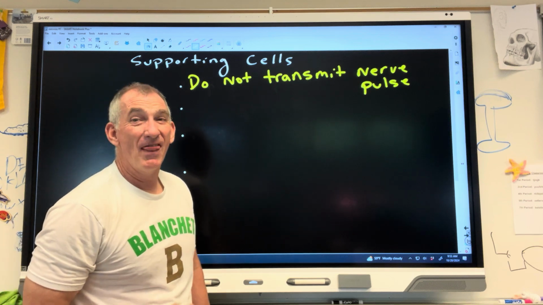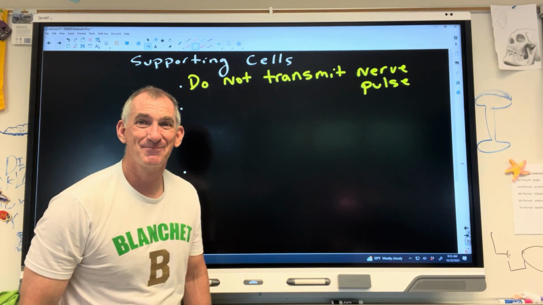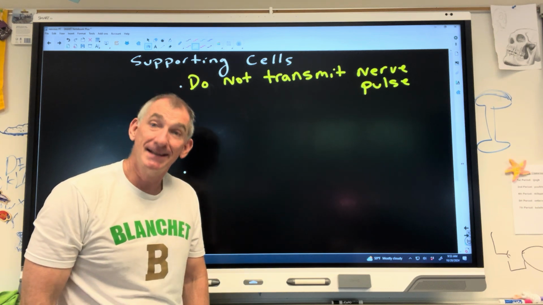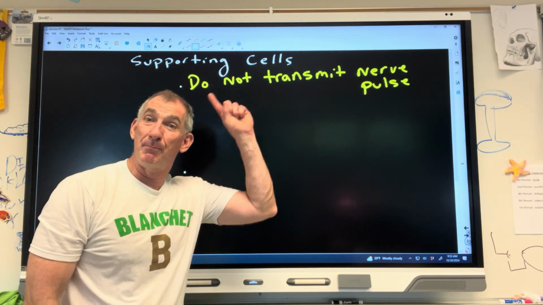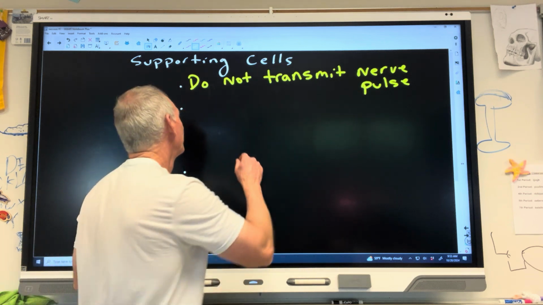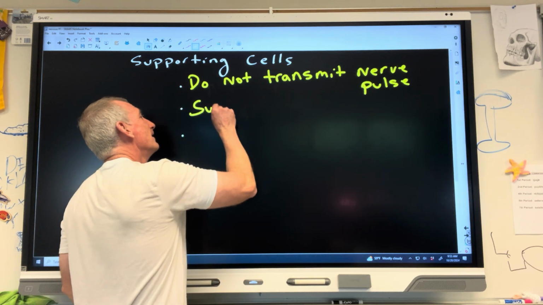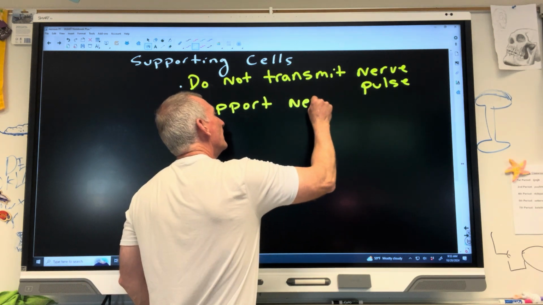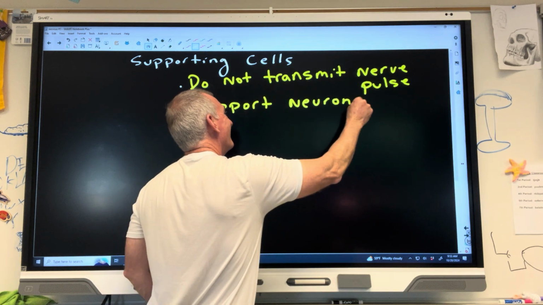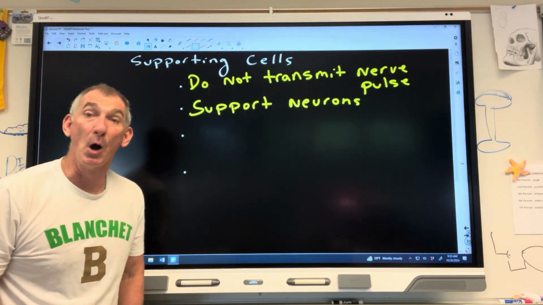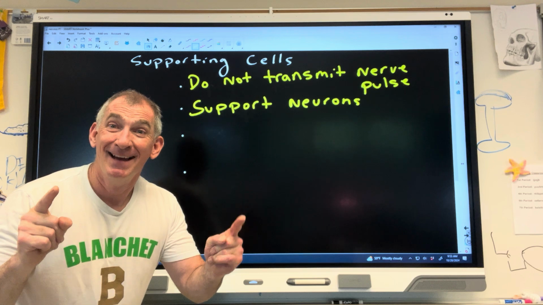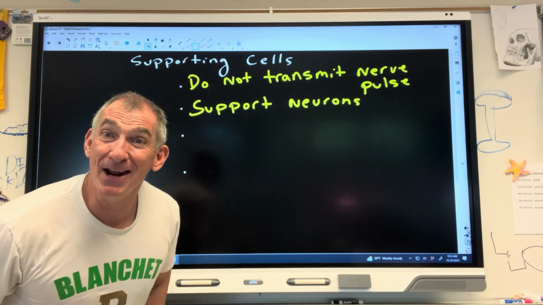The neurons, they transmit a nerve pulse. Well, what do supporting cells do? Exactly. They support the neurons. Oh, good news if they die. They regenerate.